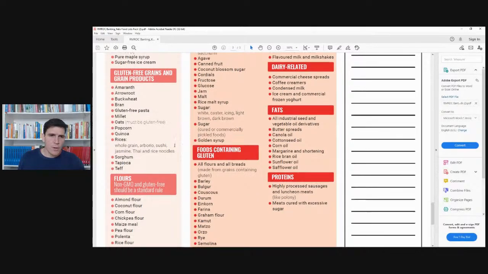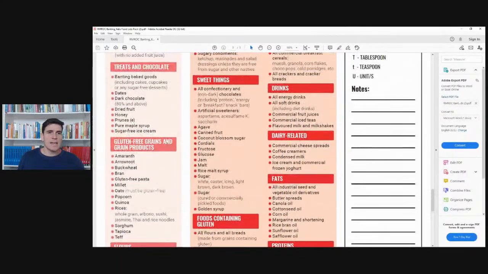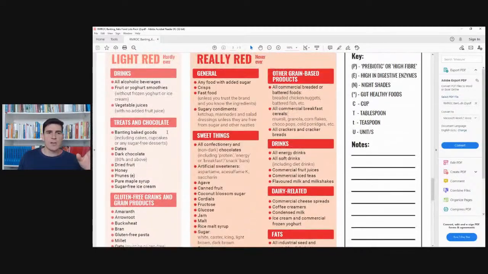Okay. The last thing I want to say before tapping out is, if you go through the light red list, these are foods that are still bad for you. They are not good for you, and they are unnecessary calories, but they are less bad for you than the complete red list. So alcoholic beverages, I mean, if I was being a health purist, I would say you should take alcohol out of the picture.